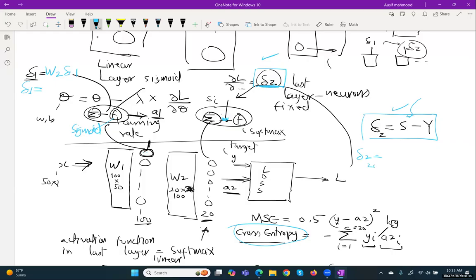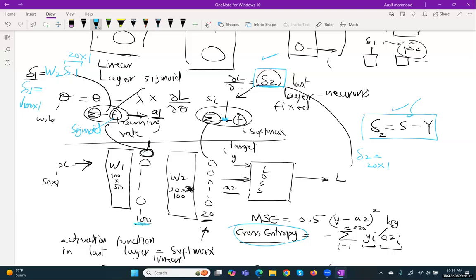So definitely 20 by 1. Forget the multiplication by W2 for now. What should be the size of delta 1? There are 100 neurons over here, so it has to be 100 by 1.